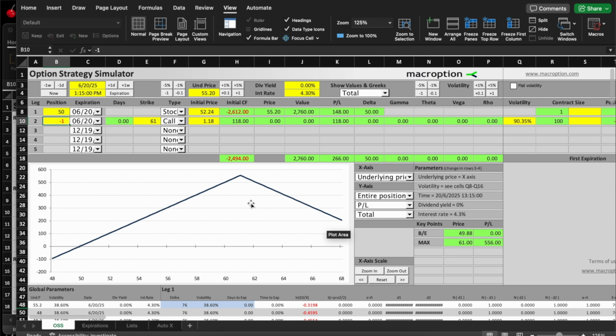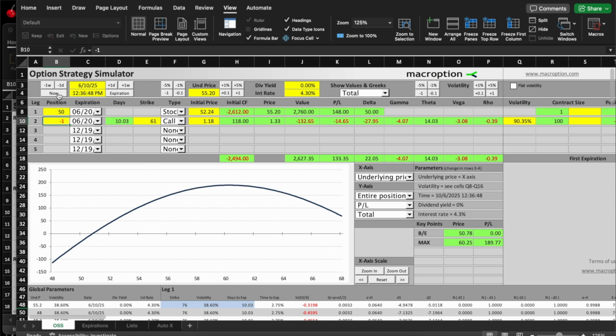Another thing to keep in mind is that the hedge value of this call that I sold is roughly 28. So rather than having sold this call, I could have just reduced the position of 50 long shares by 28, and that would have left me long 22.